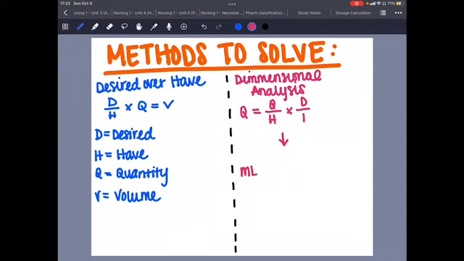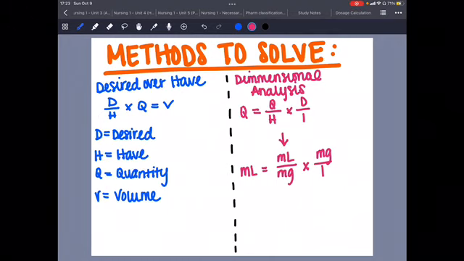To make it easier, we're going to do it this way. Say you're solving for mLs. You're going to equal that to mL over, say you're solving for milligrams, so you put milligrams at the bottom. Then you're going to multiply that by the milligrams that you desire, so it'll be the second part of the milligram.